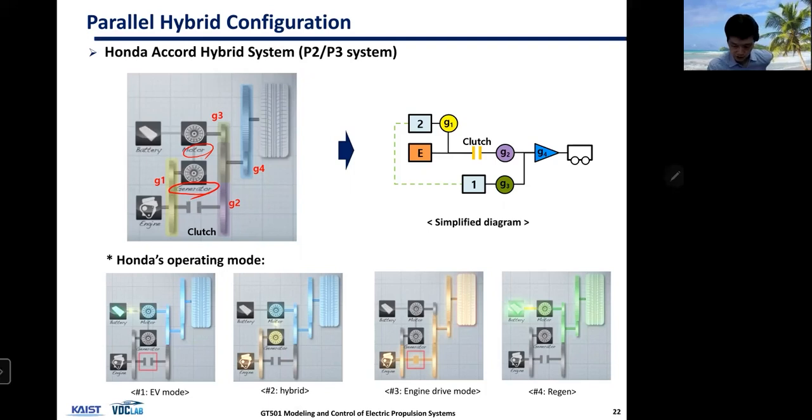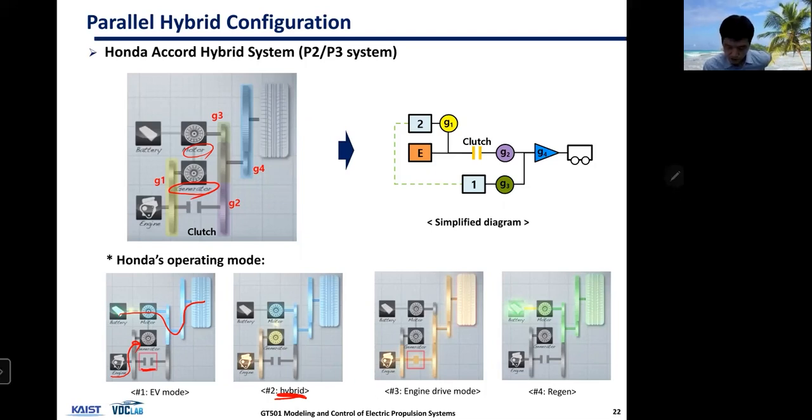So the way this works is that if you disconnect the clutch, now it's an EV mode. And then if you operate your engine and generate, then this becomes series hybrid. Okay. And then you can also, so this is series hybrid. Okay.